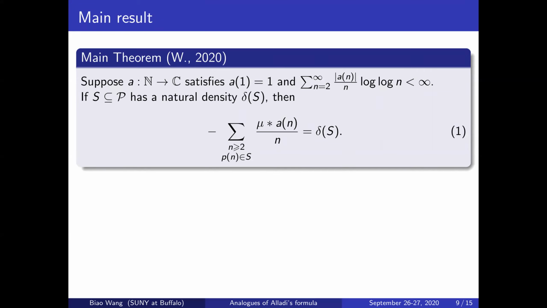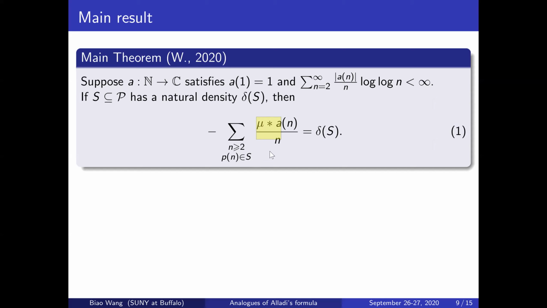So if A satisfies those two conditions, then we can prove that if S has a natural density, then the following Alladi formula holds for mu convoluted by A. Here mu star A means the Dirichlet convolution between mu and A.